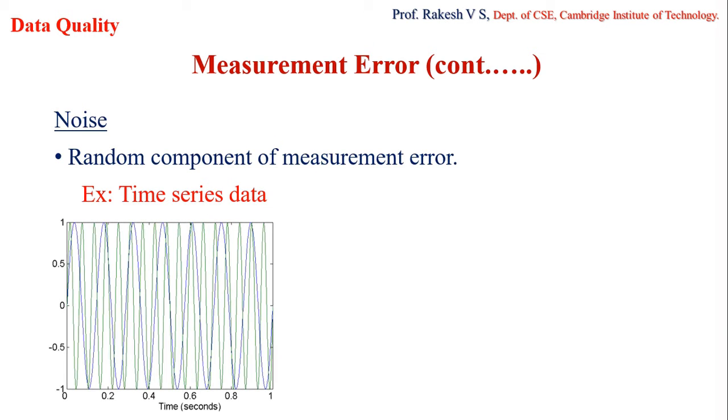Say, for example, let this be the actual time series that we have, which is a sinusoidal wave that we have plotted by considering various values of a particular measurement. As you can see here, we have two different lines, which means there are two different calculations that are measured and plotted.